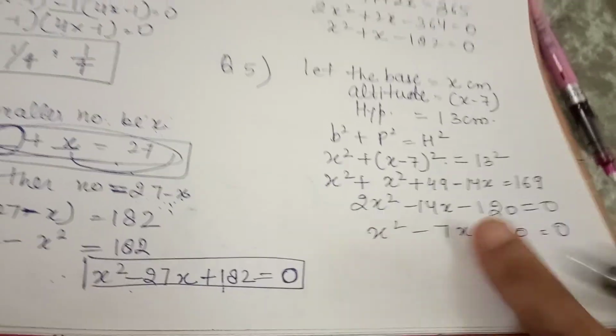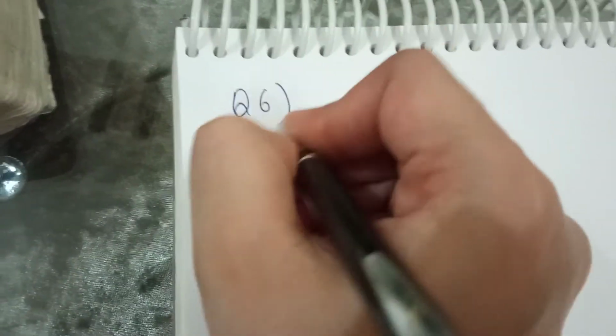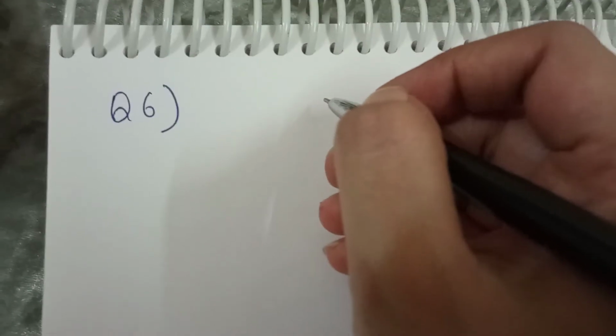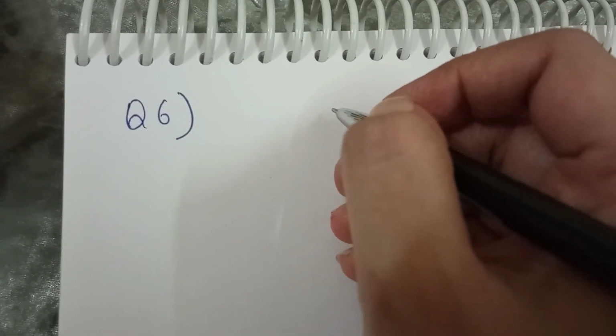Question number 6. A cottage industry produces a certain number of pottery articles in a day. Okay, we don't know how many they produced in each day.